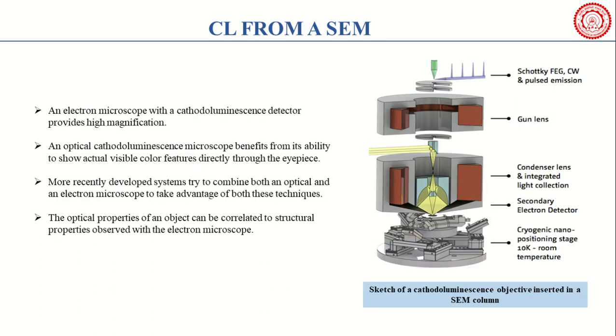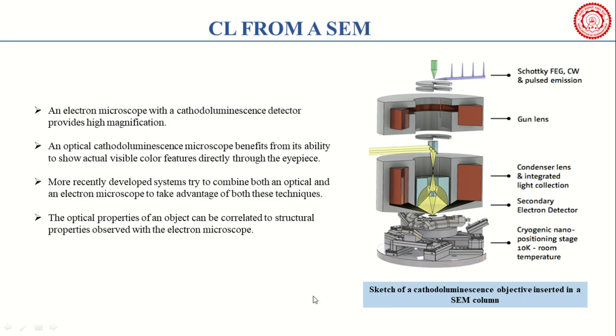Here is another sketch, that is a sketch of a cathodoluminescence objective inserted into the same column of an electron microscope. If used with a cathodoluminescence detector, it provides high magnification. And with an optical cathodoluminescence microscope, the benefit is that it shows visible color features directly through the eyepiece, because the objective is inserted into the same column.